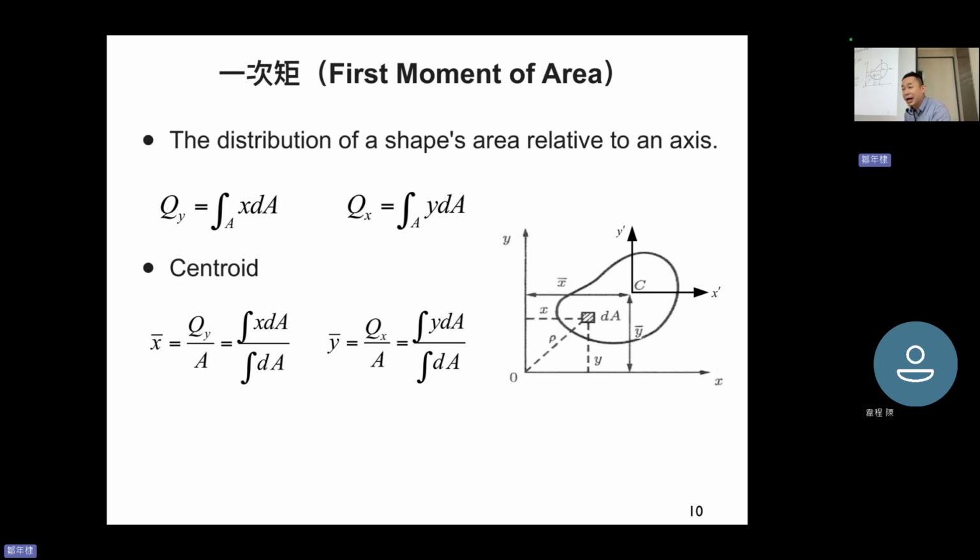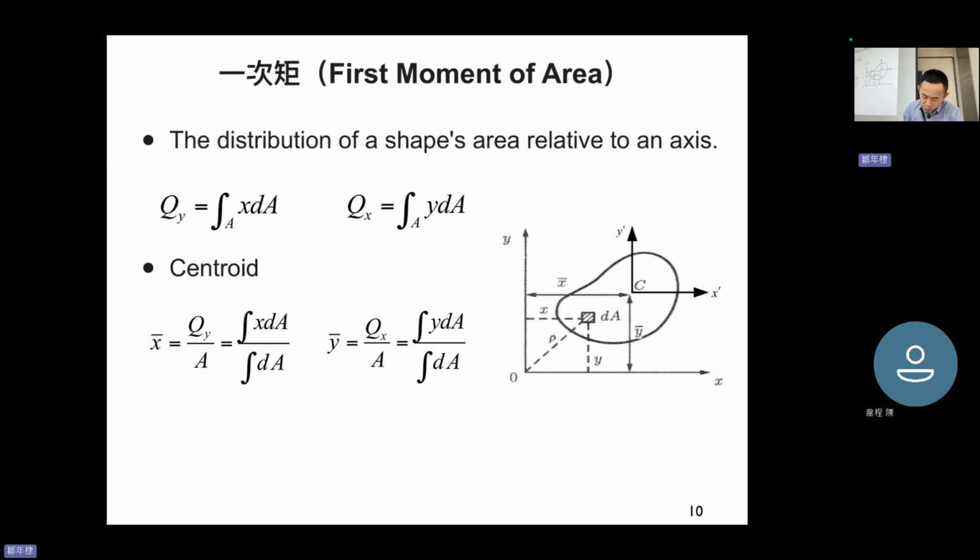First moment of area. Okay, so the first moment of area actually tells you how this area is distributed in the space. What is distributed? Scattered. How it is distributed.